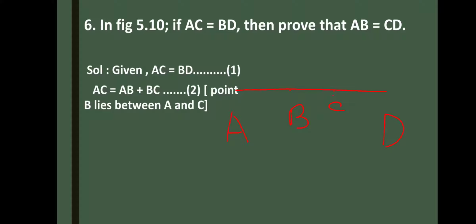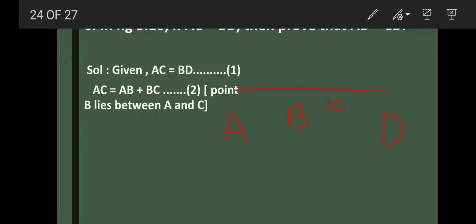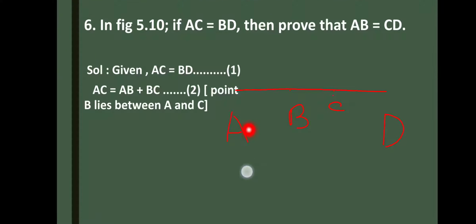From the diagram, AC is equal to AB plus BC, because B is the point which lies between A and C. So see from the diagram that AC may be written as AB plus BC.